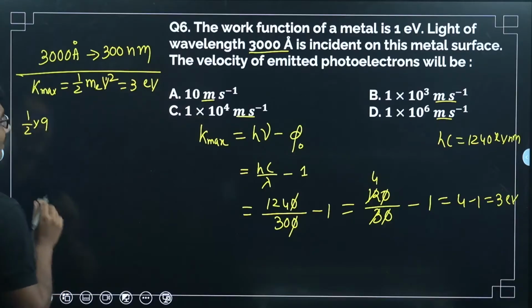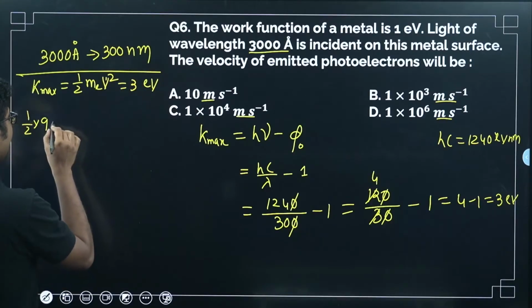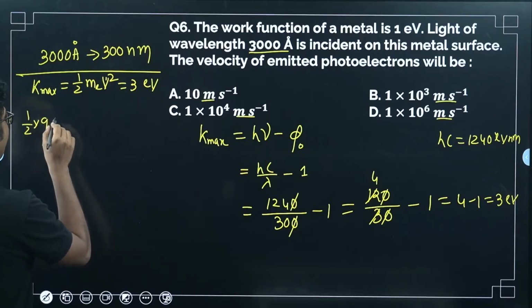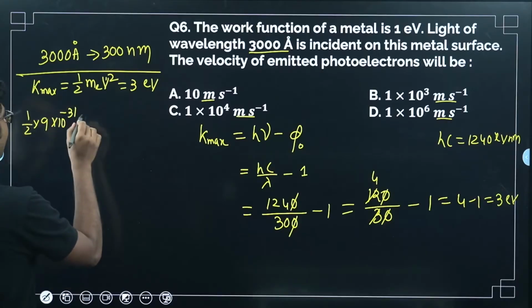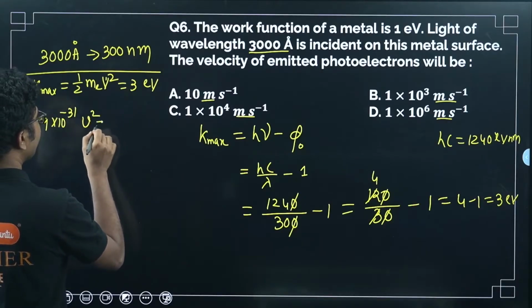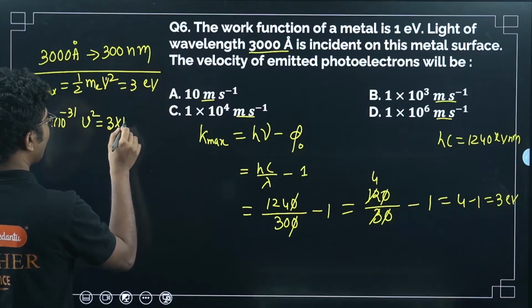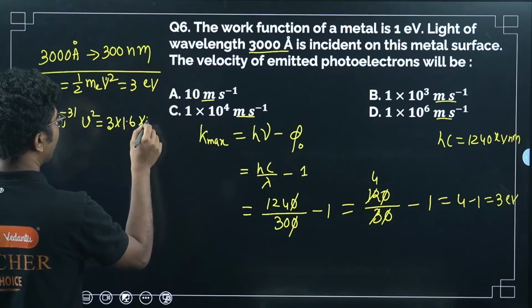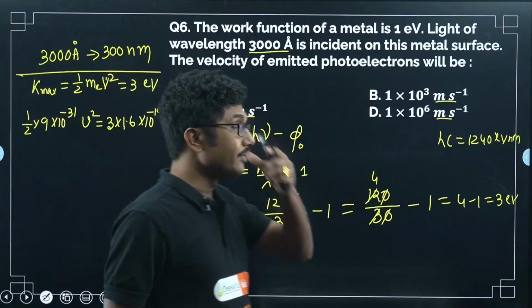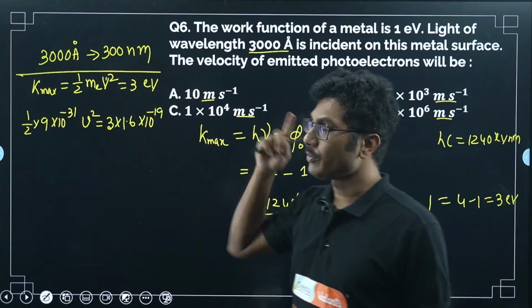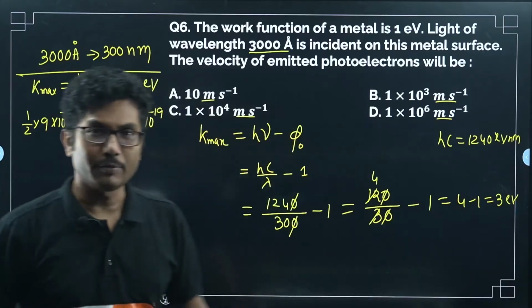For simplicity I am assuming that's simply 9. Okay, you will see why. So 9 times 10 to the power of minus 31, v square is equal to 3 times 1.6 times 10 to the power of minus 19. So you have to convert eV to joule. For that you have to multiply 1.6 times 10 to the power of minus 19.